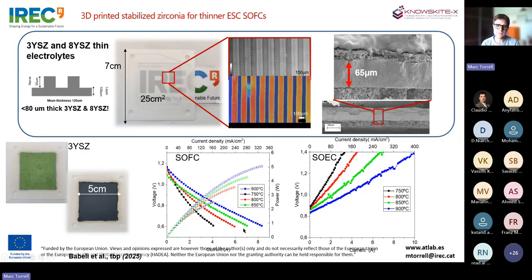So we already have more than 6 amps and achieving these 5 watts per cell in fuel cell mode. And in electrolysis mode, it's converted in around 320, 350 milliamps per square centimeter.